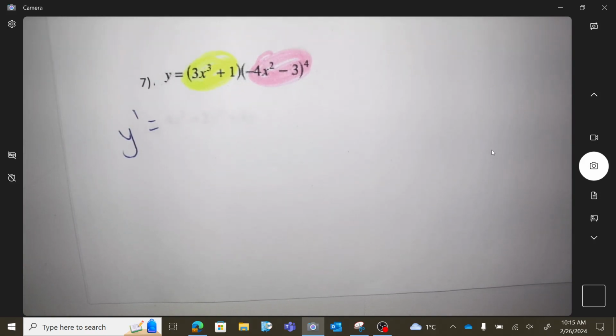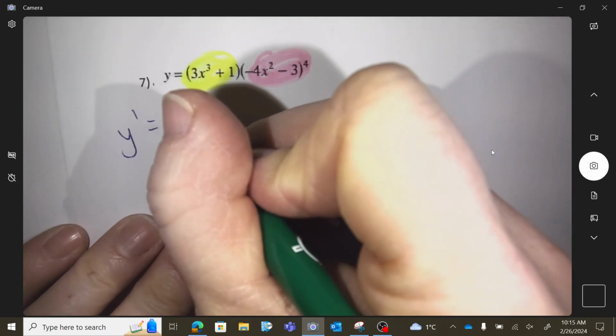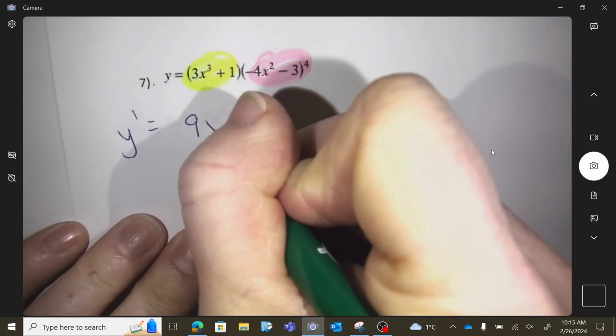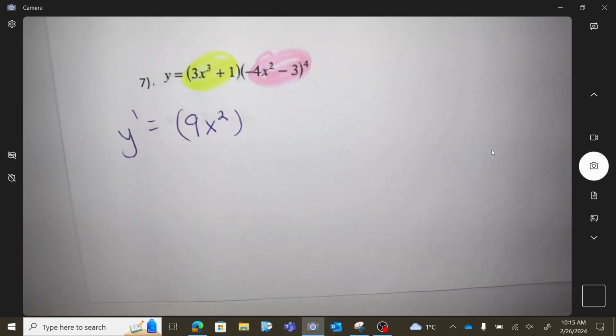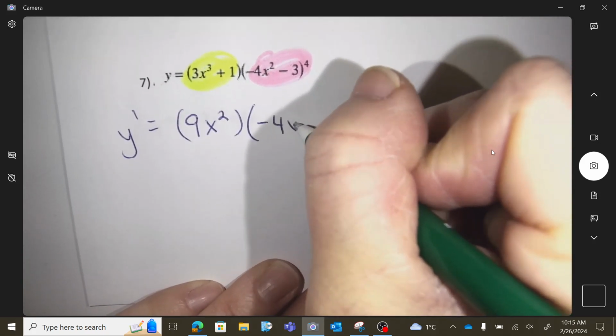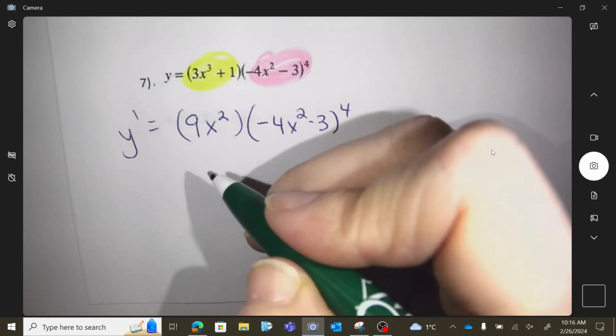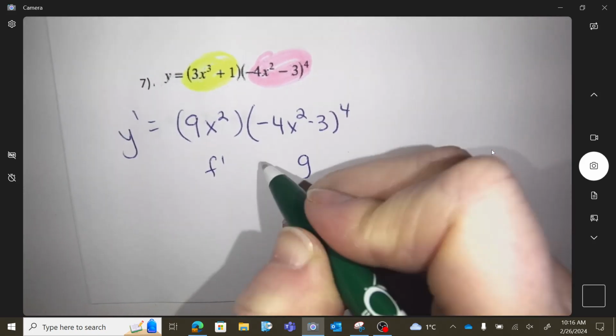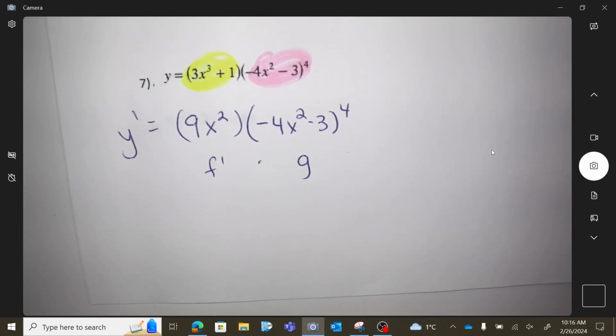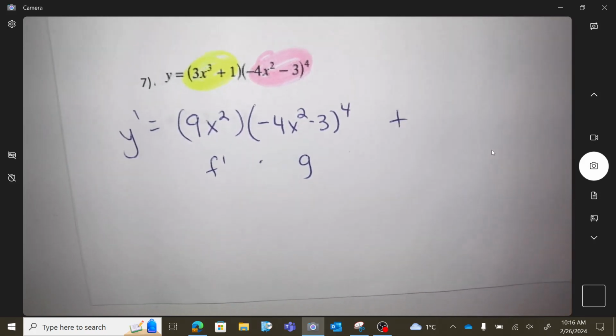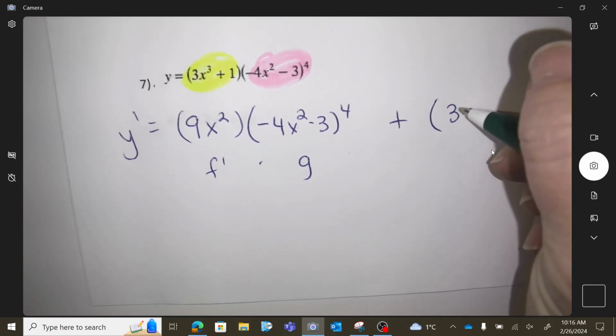I'm going to derive my yellow, times keeping my pink. Good, seeing my components so far? Plus, keep my yellow.